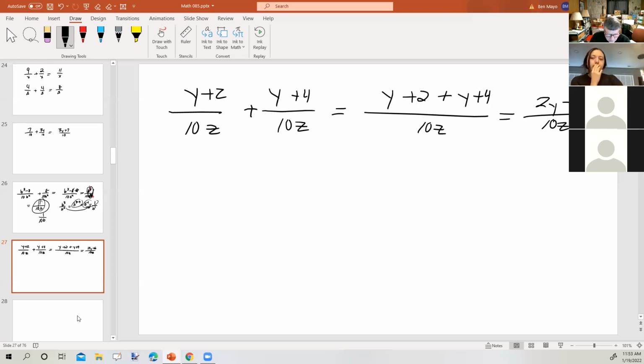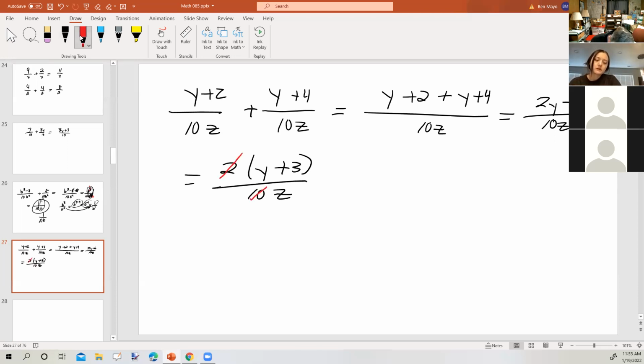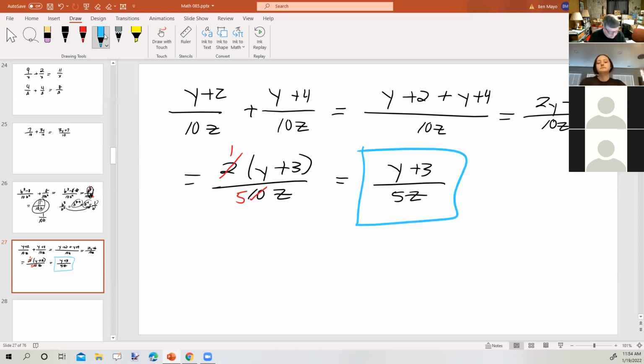Okay, so now I've simplified it down, but I can factor a 2 out of the numerator. So now that 2 in the numerator is a factor of the entire numerator, and I can reduce 2 over 10 to 1 over 5. So now I've got y plus 3 over 5z.